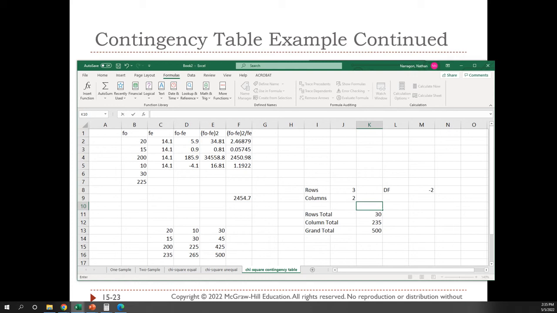Oh, it looks like it's completely different for each one. Okay, so we'll have to do this a little bit more interesting. So we know this one is going to be 14.1, because that is the expected.